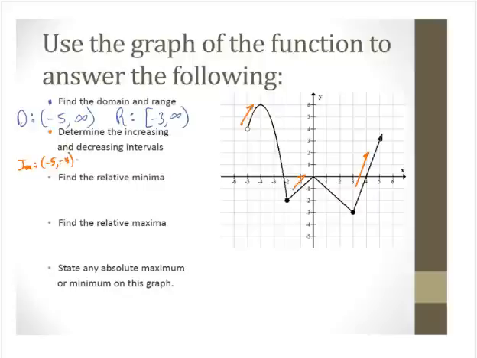It's decreasing again on -2 to 0. And it's increasing again on -3 to infinity. It's decreasing on -4 to -2, union 0 to 3.